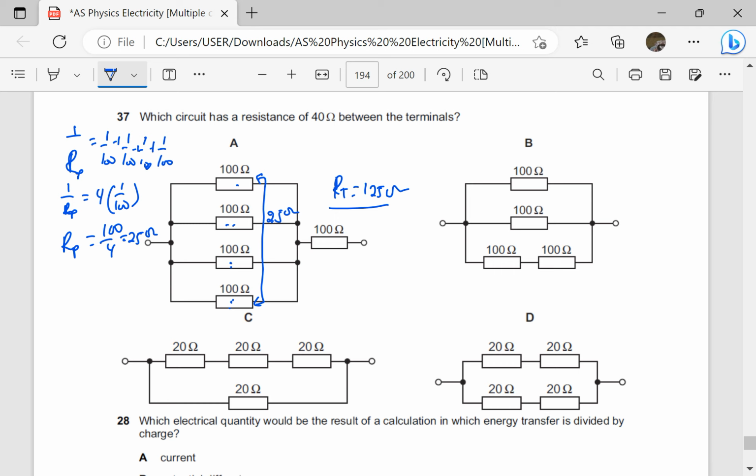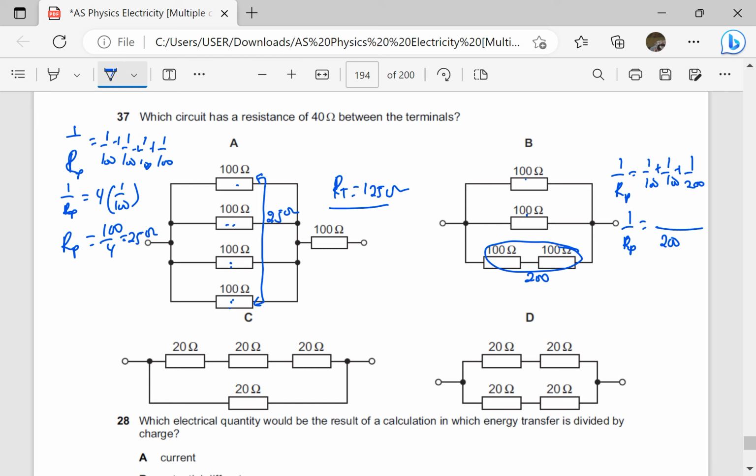Then this one, B: 100 and 100 are in parallel. Then these ones are in series, they give us 200 here. So again, I will say 1 over resistance in parallel is going to be equal to 1 over 100 plus 1 over 100 plus 1 over 200. So the 1 over resistance in parallel is going to be over the LCM, which is 200.